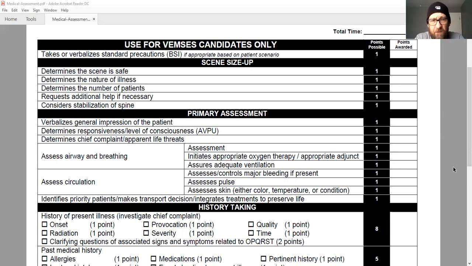So it's really easy, those first three boxes, right? You give them your general impression, and you introduce yourself, you get them to talk to you, tell them what's going on today. If they're responding to you appropriately when they tell you about what's going on, then you can say that they are responsive, they are alert and oriented.